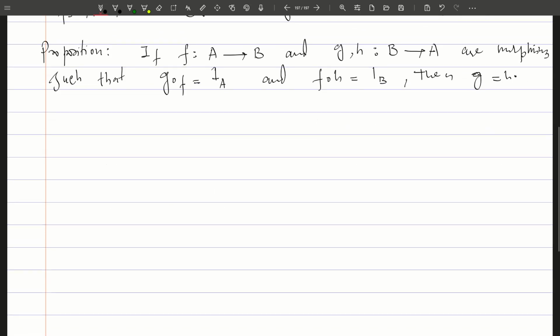Let us prove this. We have object A here, and object B here.